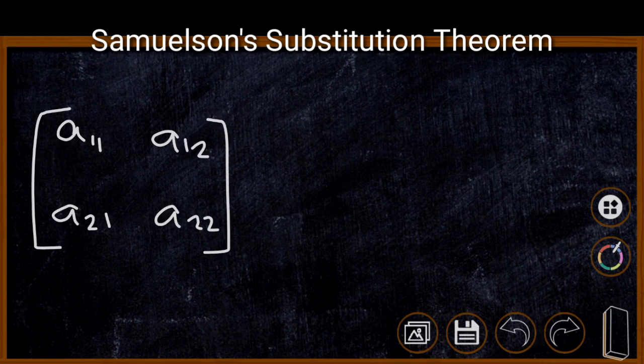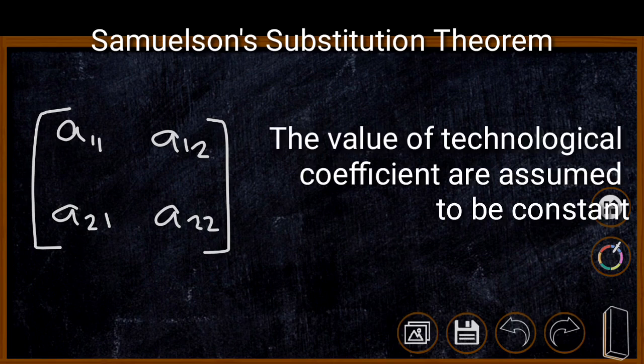Here in this technological coefficient matrix, A11, A12, A21 and A22 remain constant. That means these technological coefficient values are constant.